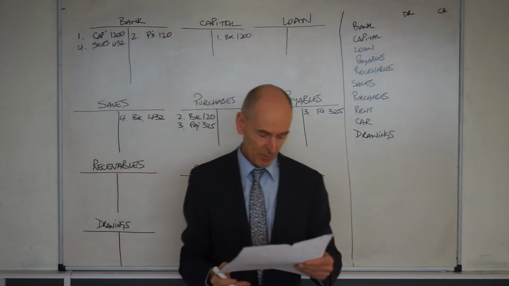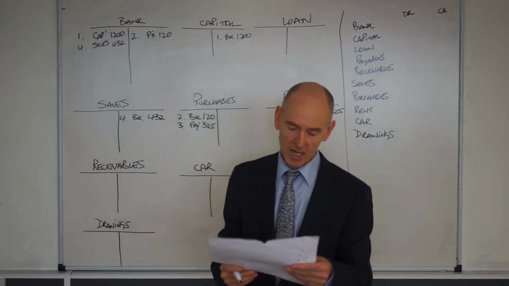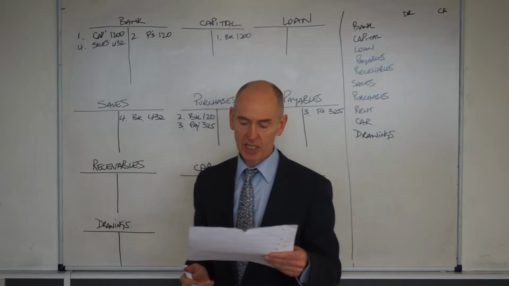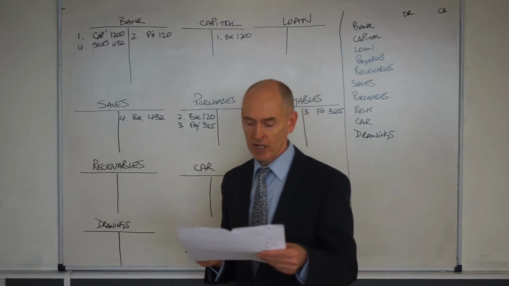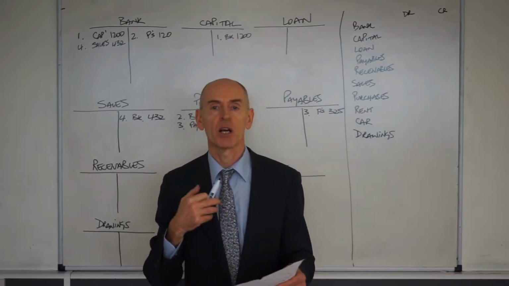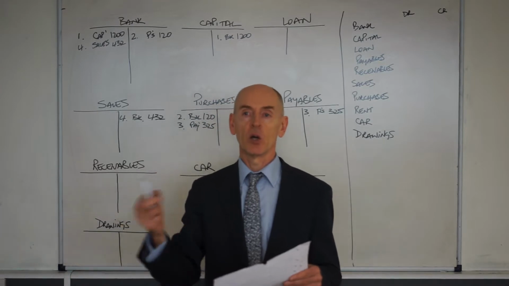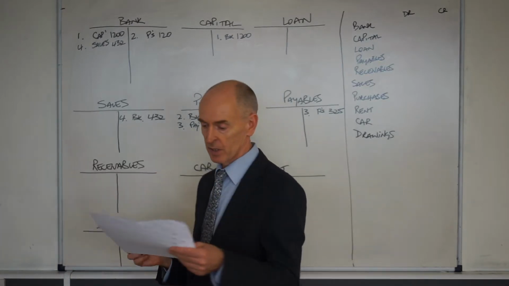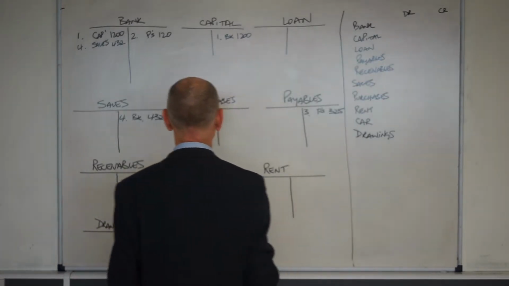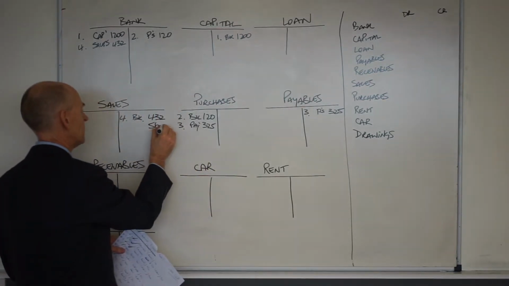Transaction 5. There are only 11 of these transactions. So transaction 5, make sales on credit £560. So sales on credit won't involve the bank, it will involve receivables. Receivables are assets. They describe amounts that we are owed from a credit sale. So we're going to credit sales £560 to record the income.